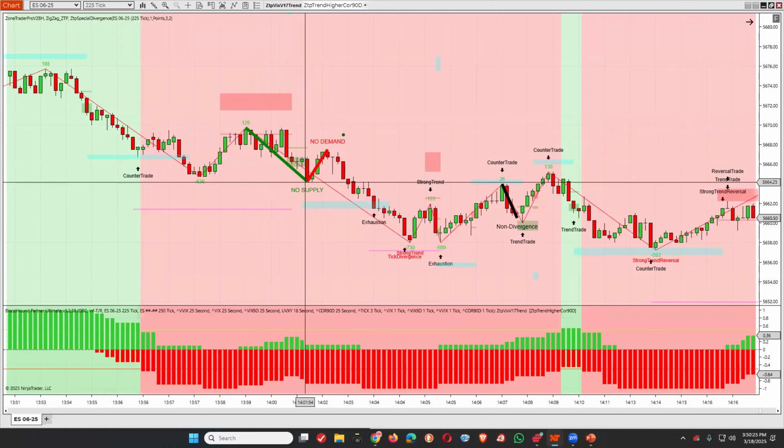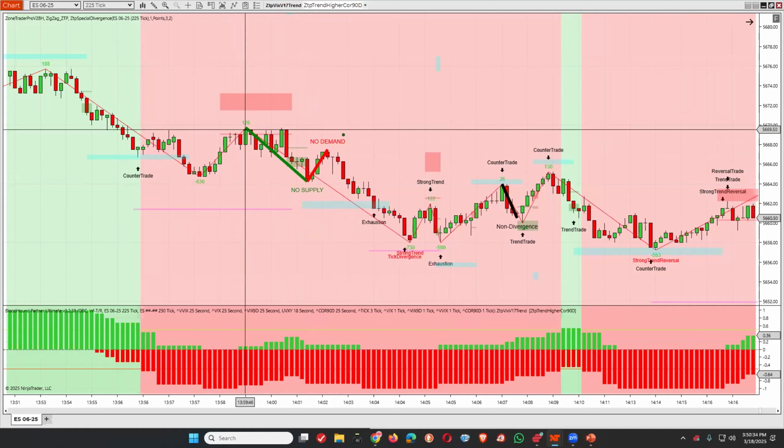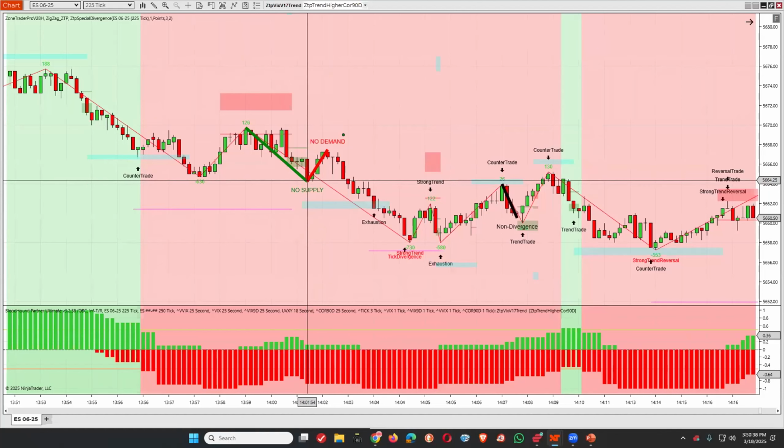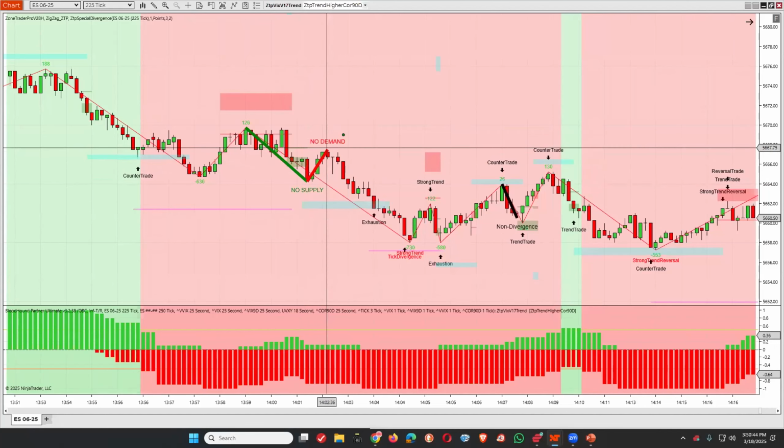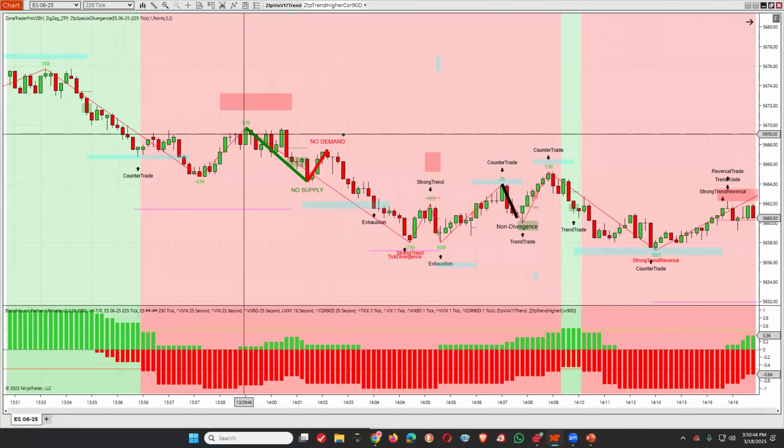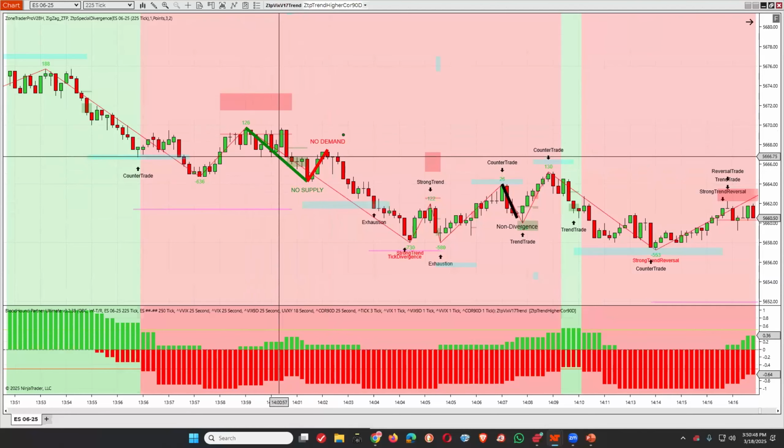As price went down, the cumulative delta was actually higher. So that is what this no supply and no demand is. You would think that our delta from the high to the low would be negative, and that the delta from the low to the high would be positive. Well, it was just the opposite in both of these cases.